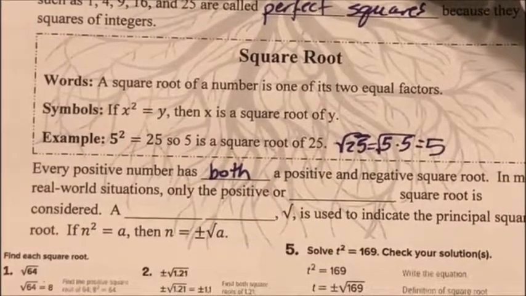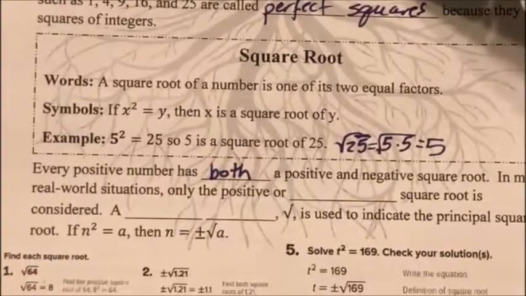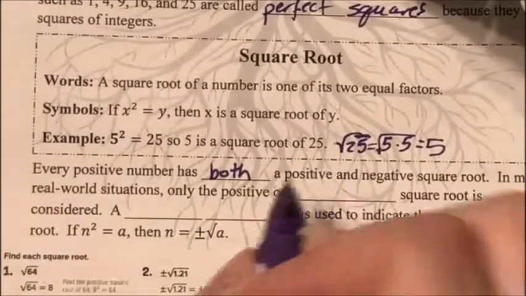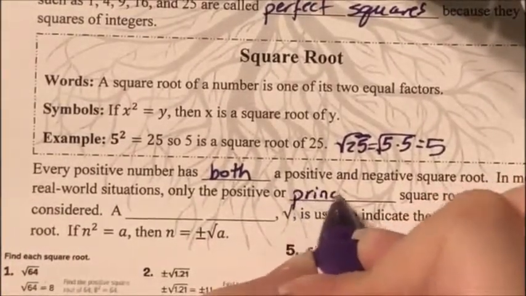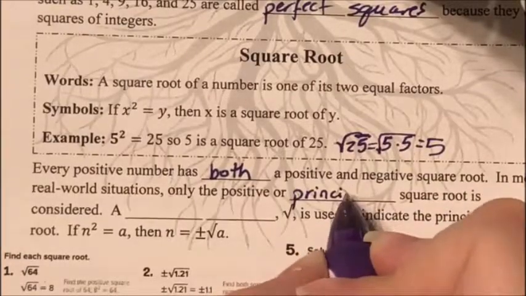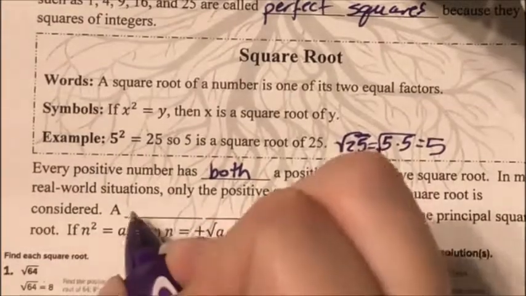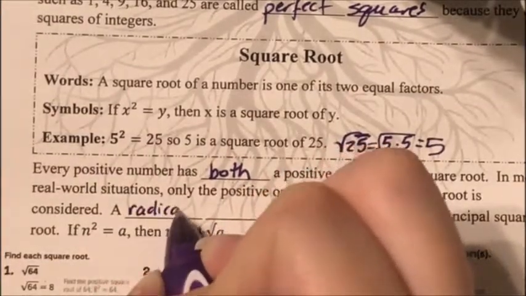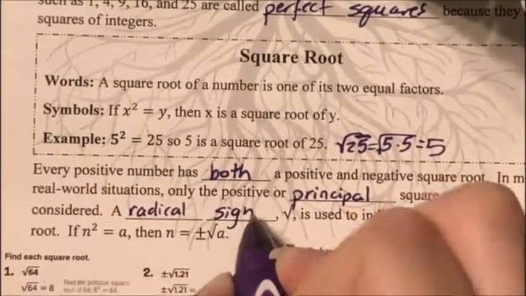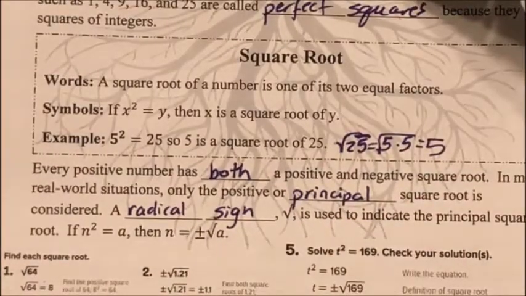In most real-world situations, only the positive or principal square root is considered. A radical sign is used to indicate the principal square root.